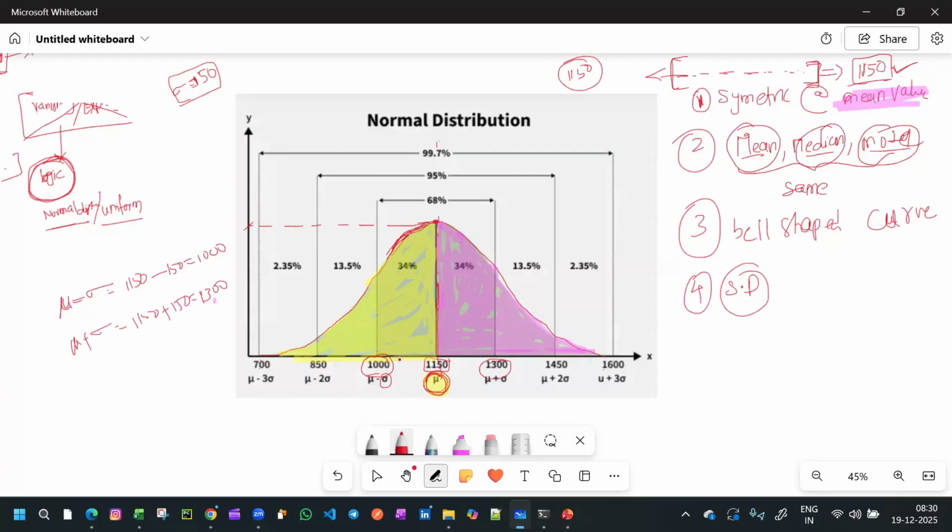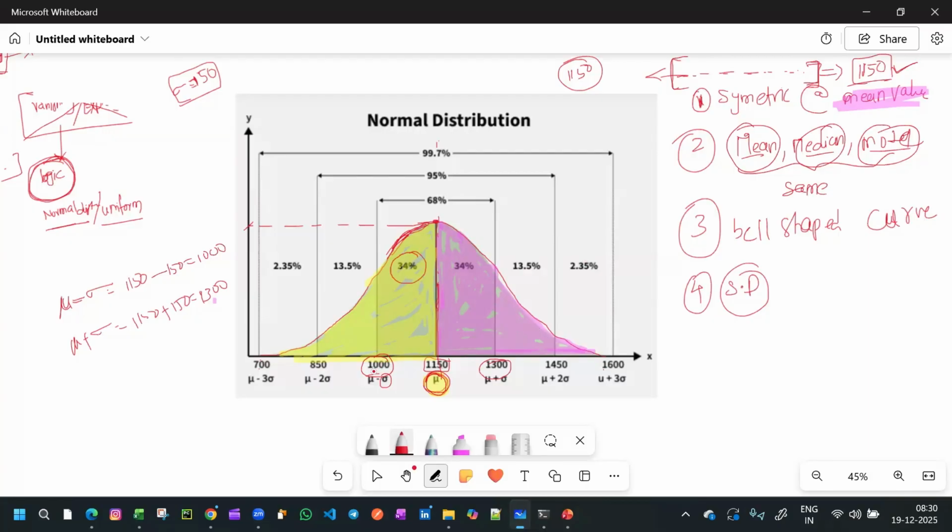In between, there are so many values in this data set which range between 1000 and 1150. Those values are going to take 34% of the entire data set.